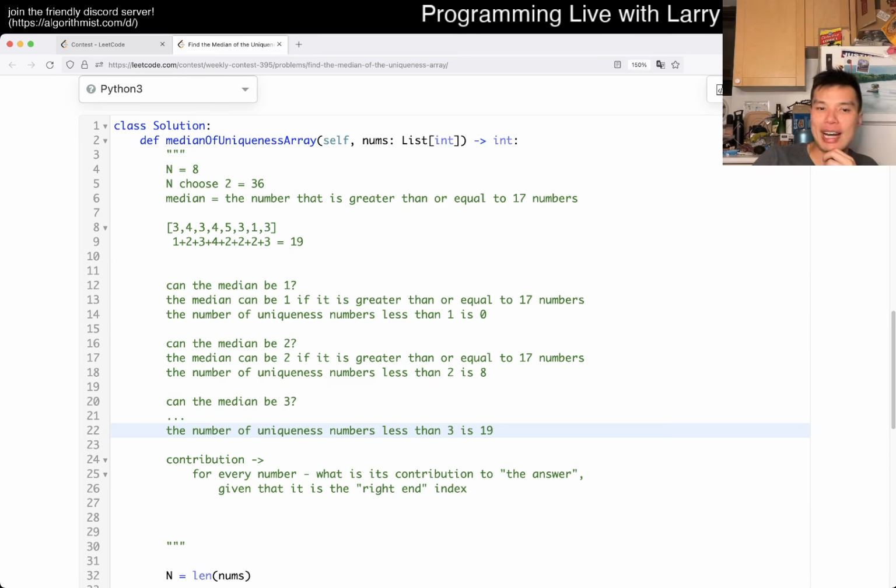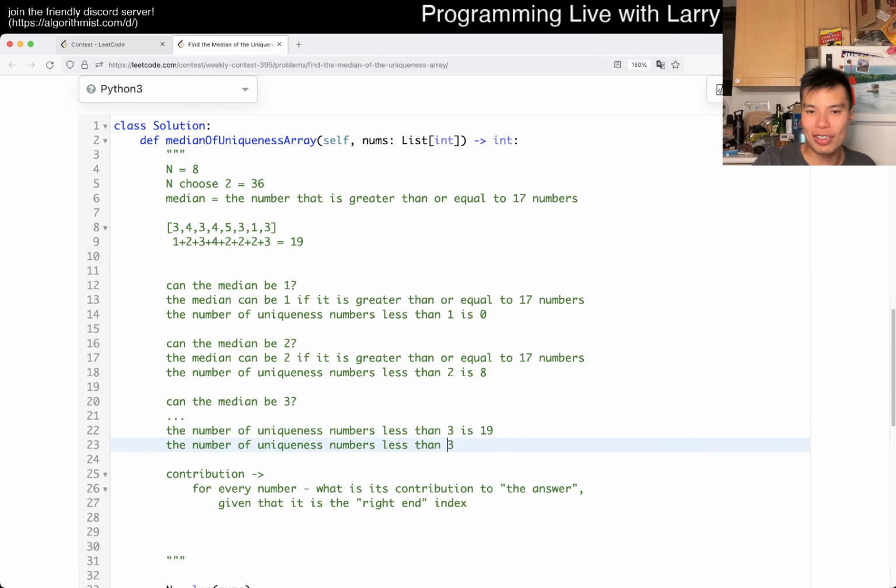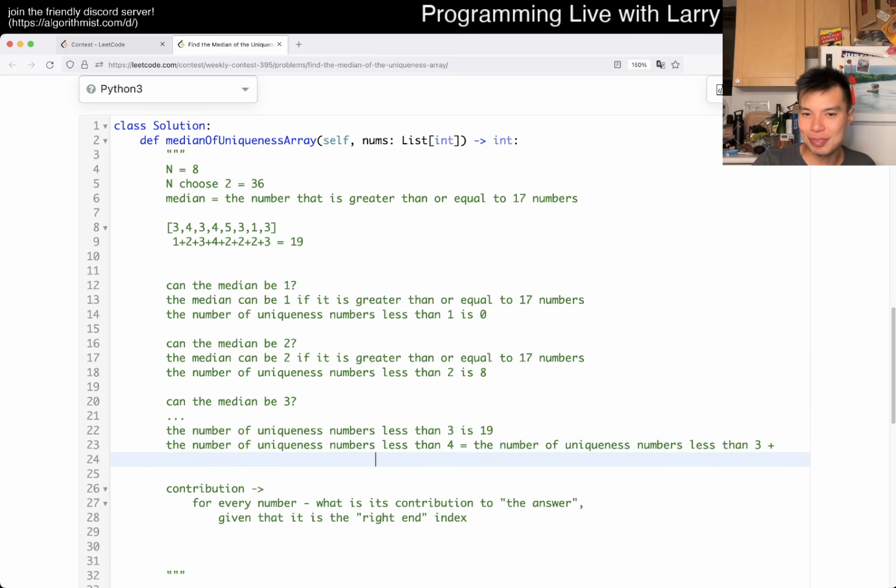The key thing to note is that the number of unique numbers is going to be monotonically increasing because it goes from 0, 8 to 19. But if you also just think about it logically, going from, say, 3 to 4, well, the count of unique numbers less than 4 is just equal to the count less than 3 plus the number of unique numbers that is exactly 3, right?